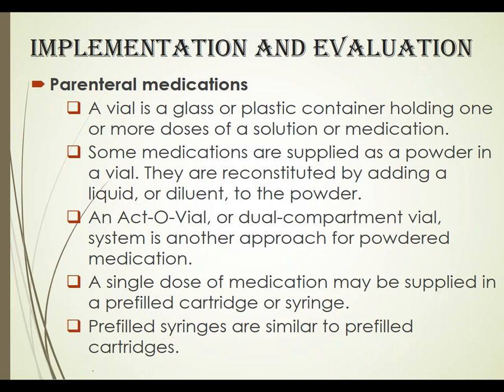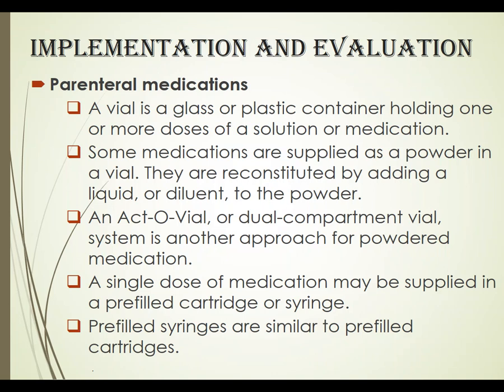I mentioned that the rubber seal on the top is scrubbed with alcohol each time the vial is accessed. So if it's a multi-dose vial, each time you draw out of it, you scrub the top of the rubber seal for 20 to 30 seconds. The vial is a closed system, so air equivalent to the amount of liquid to be withdrawn is injected into the vial.